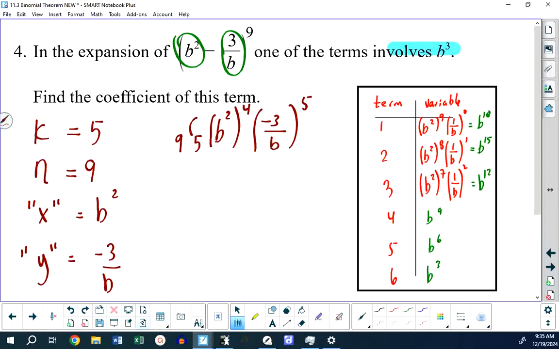The answer to the question is going to be whatever 9 choose 5 times negative 3 to the 5 is. Everything else, we can, if we have confidence, say is going to be b cubed. And it will, right? B squared to the 4 is b to the 8. And then we're going to divide by b to the 5, which will give you b cubed.